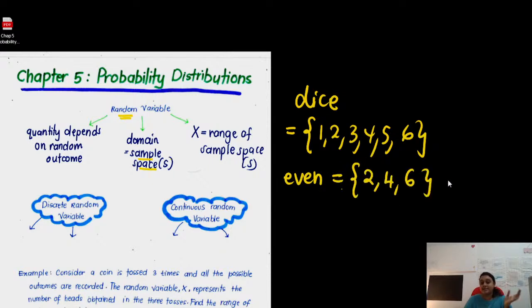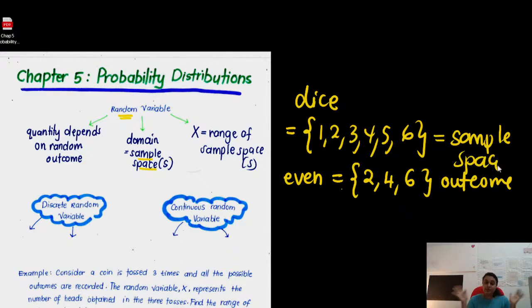So the 2, 4, and 6 are known as my outcome, that means what I want. The 1, 2, 3, 4, 5, 6 is known as my sample space, the total of all the outcomes that can come out. So that's the sample space, and usually that one goes under domain.